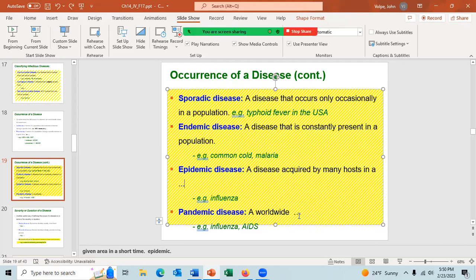Now, when you're talking about a rare disease, there's an argument about whether it is sporadic or whether it is endemic. Like when we talk about tuberculosis in the population in the United States, some people say it's sporadic, but it happens every once in a while.